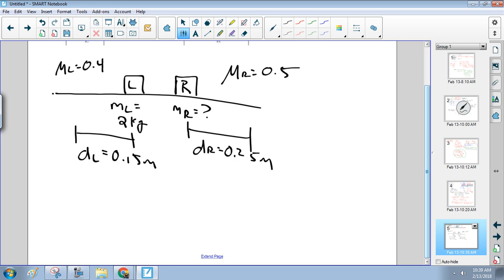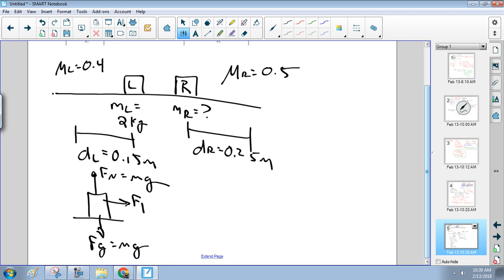Yeah, we've got to make a free-body diagram. Okay. So here's the block on the left. So you're going to have force of gravity is mg. Normal force is also mg. Let's see, it's moving this way, so my force of friction is going to go this way, and it's going to be 0.4 mg. Follow?